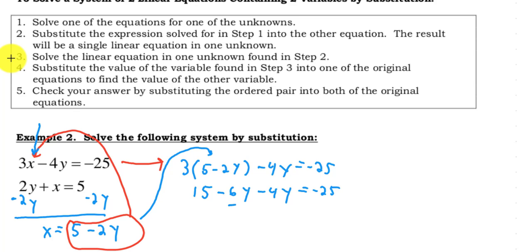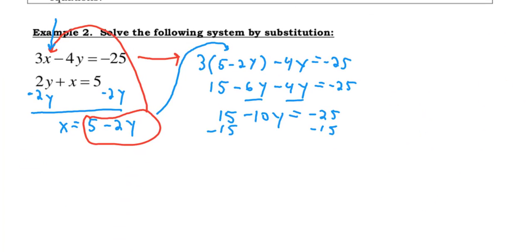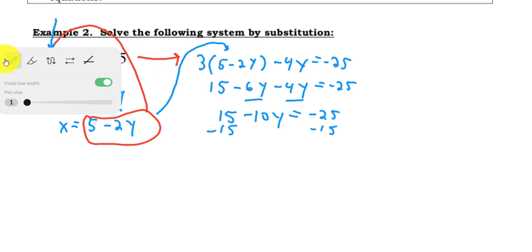Combine like terms, right? Negative 6y, negative 4y. So you have 15 minus 10y equals negative 25. We're almost home free. Now I subtract 15 from both sides. Let's move our paper up a little bit. There we go. Go back to our pen.